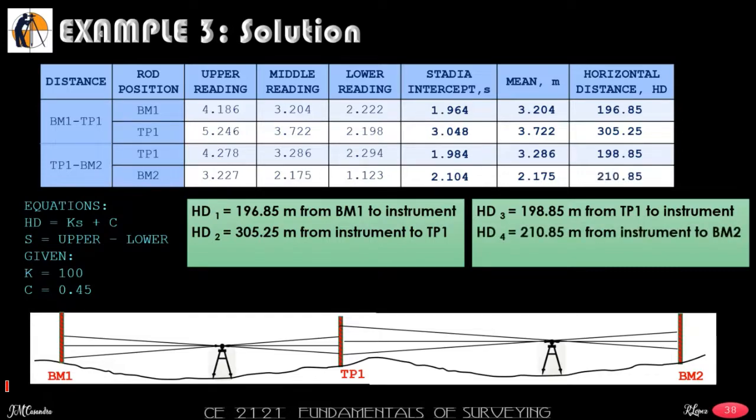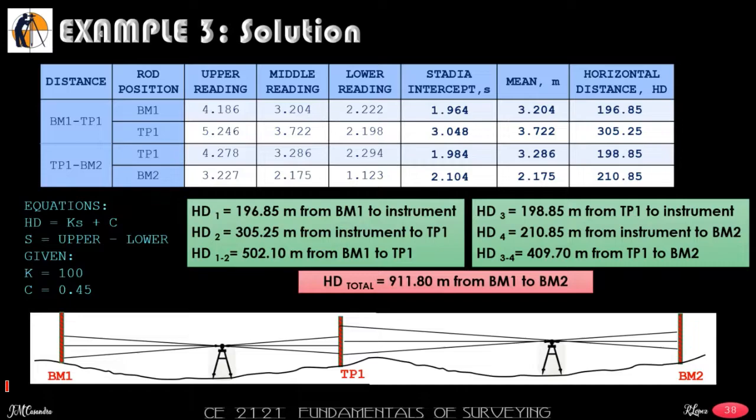And instrument to BM2 is 210.85. So adding up the distances, BM1 to TP1 will have 502.10, and for the distance between TP1 and BM2 we have 409.70. So therefore the total length for BM1 to BM2 is 911.80 meters.